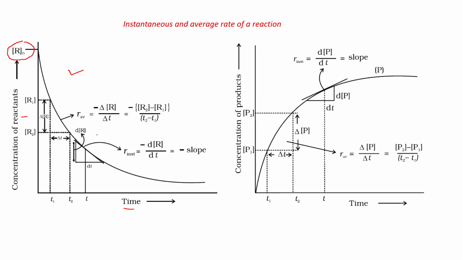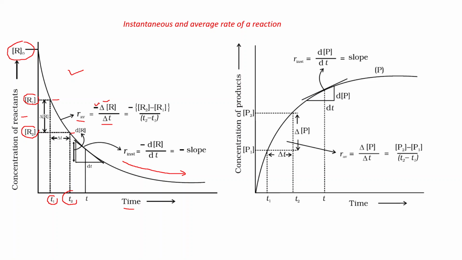As the reaction proceeds and time passes, the concentration of reactant decreases. At time t1, the concentration of reactant is R1, and at time t2 it is R2. From the difference of these two we can find the average rate, delta R divided by delta t, and we already discussed why this is multiplied by a negative sign.